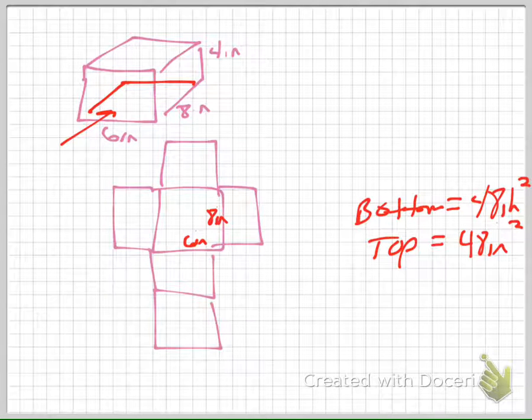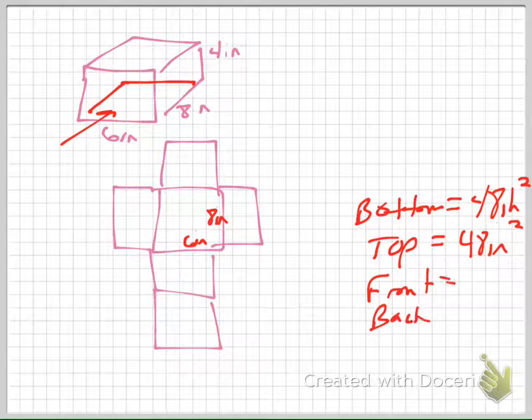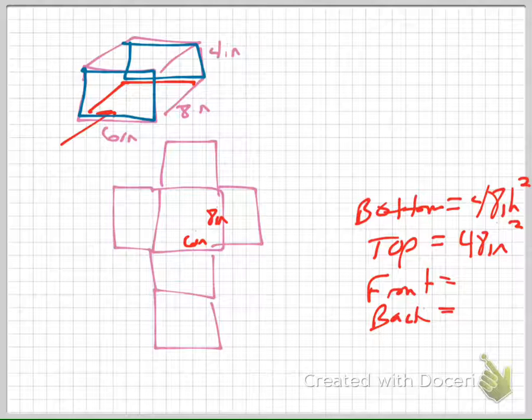We now have the front and the back, which should be identical, right? It's a rectangular prism. The front is this guy, so I'll do it in blue. The front is this thing, and the back, right? What are the dimensions of the front? Look at it. It would be 6 by 4. Do you see it?